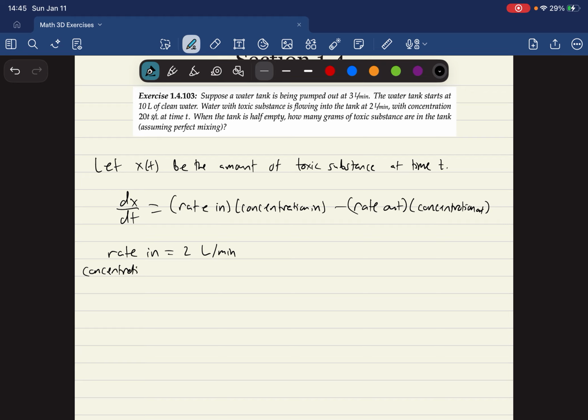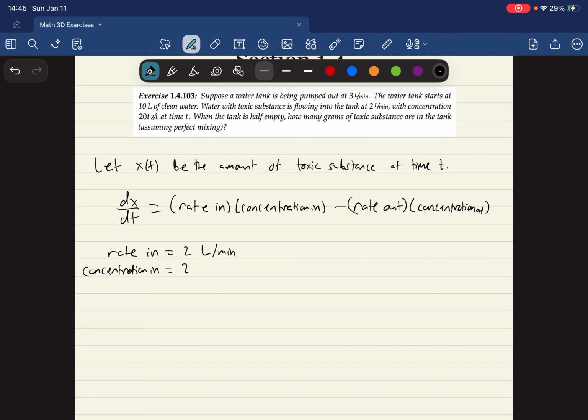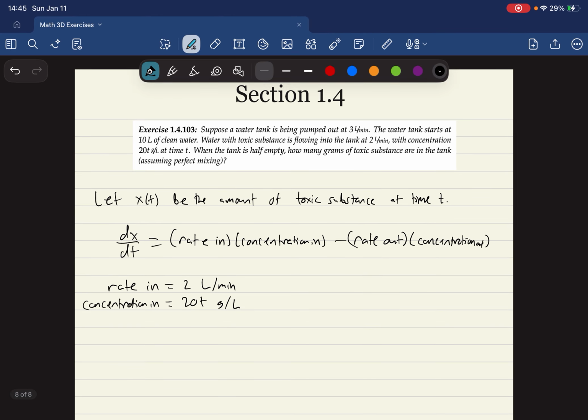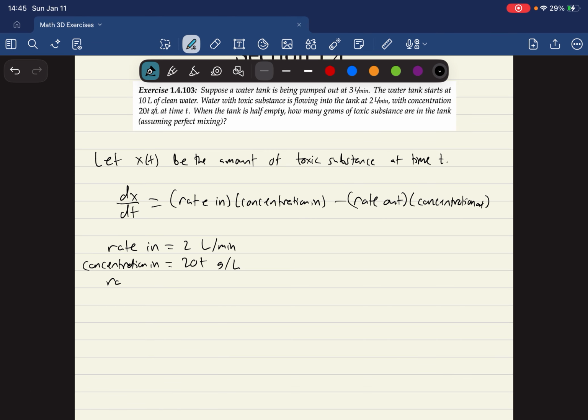This was given to be 20t grams per liter at time t. Rate out was also given. The water is being pumped out of the tank at 3 liters per minute. So rate out equals 3 liters per minute. But the concentration out is something we need to determine, right?